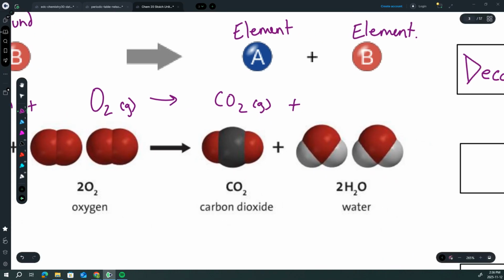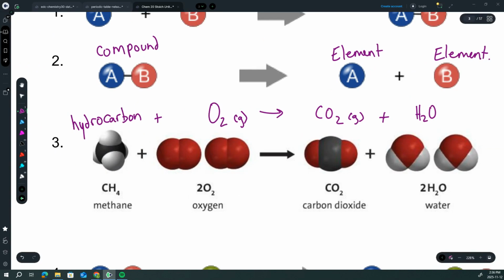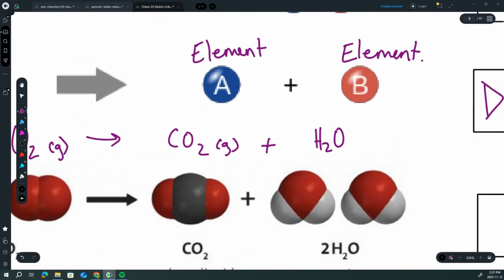Okay, so we always produce carbon dioxide and water. This is called a combustion reaction, and most of the time the water is going to be water vapor.